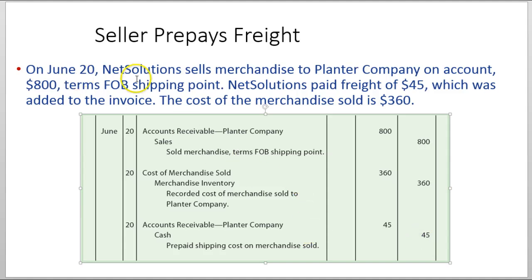So it appears that this was added to the invoice. So you can see how they've added that into the accounts receivable. There are various ways to work with freight, and every company does it in a different manner sometimes. Most companies call it freight though, and the switching between shipping and freight is kind of confusing.